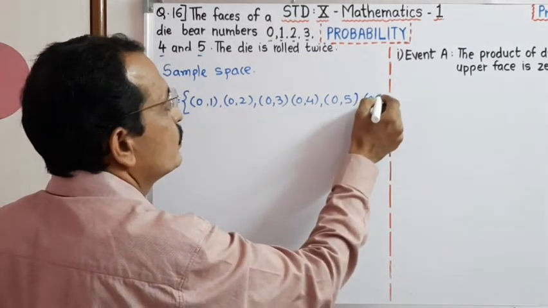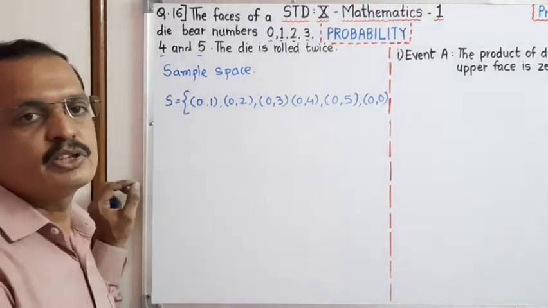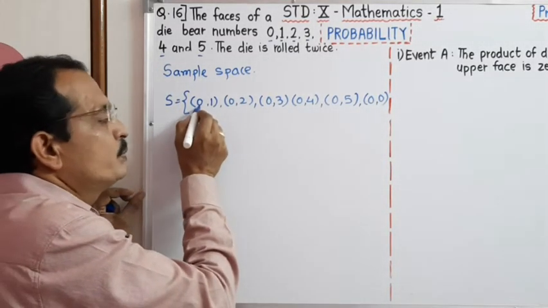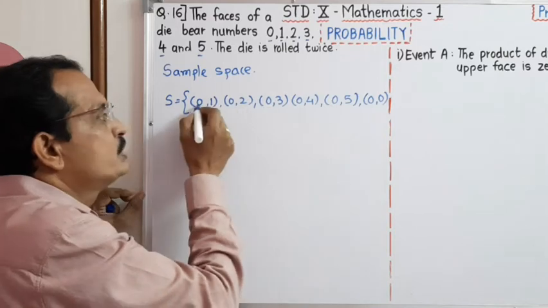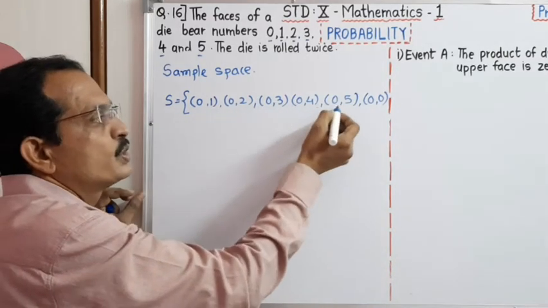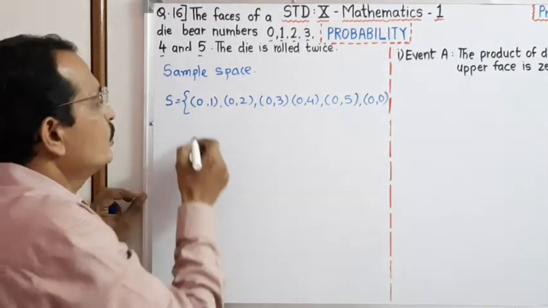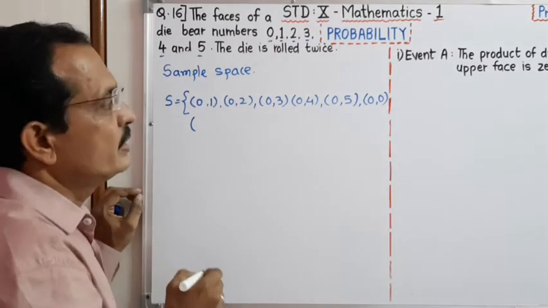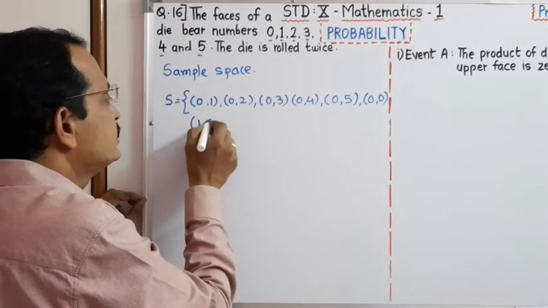And here 0, 0. That means dear student, we have to start with 0, 0, 0, 1, 0, 2, 0, 3, 0, 4, 0, 5 like this. Now we have to start with 1 and 0.